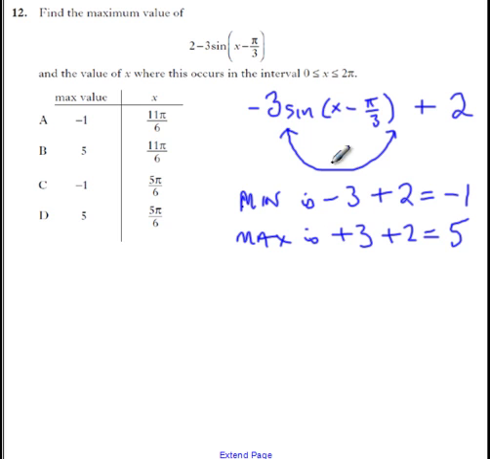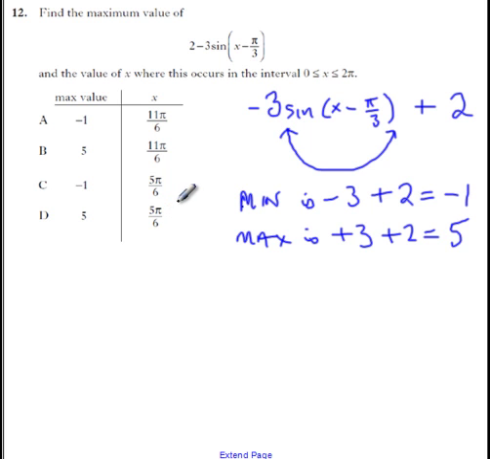So we know that the maximum value of this expression is actually 5. So the answer is either going to be B or D. What we now need to work out is which value of x is going to give us this maximum value. Is it x is equal to 11 pi by 6 or 5 pi by 6?